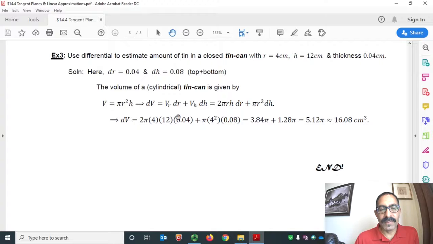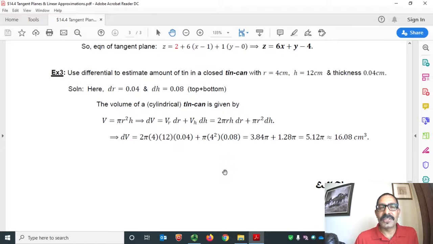Now simplify. This turns out to be 5.12 pi, approximately 16.08 cubic centimeters. Great. I hope this makes sense to you all. Now we have finished these sections, tangent planes and linear approximations. So thank you.